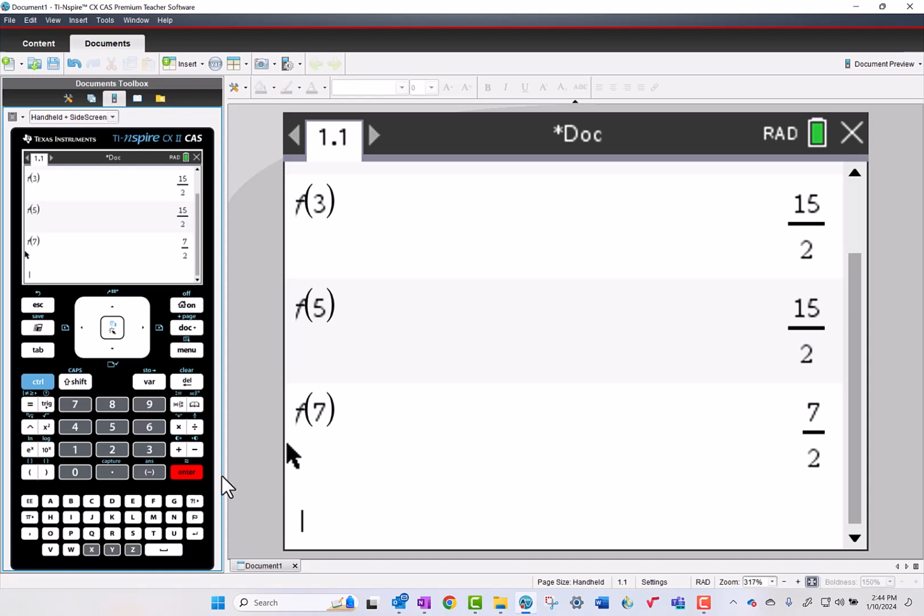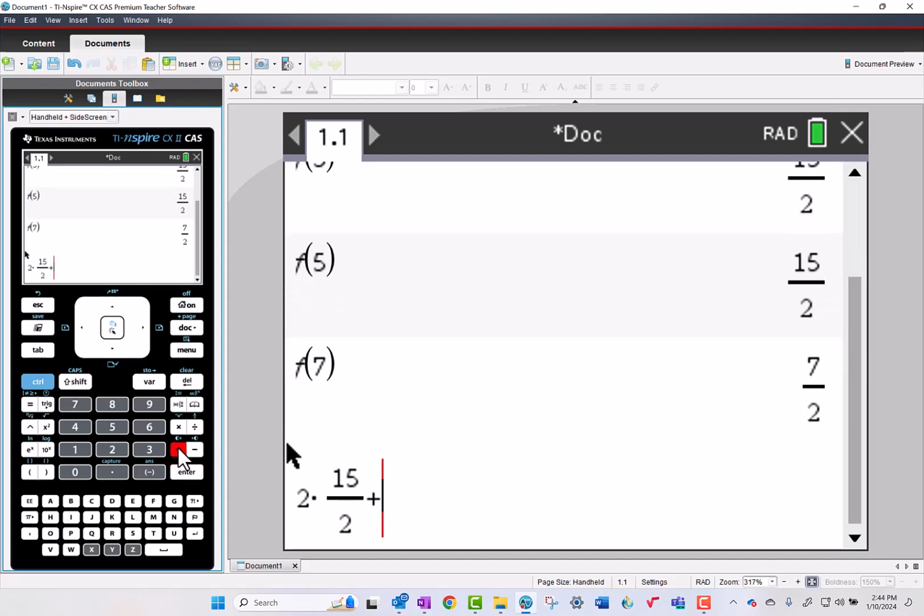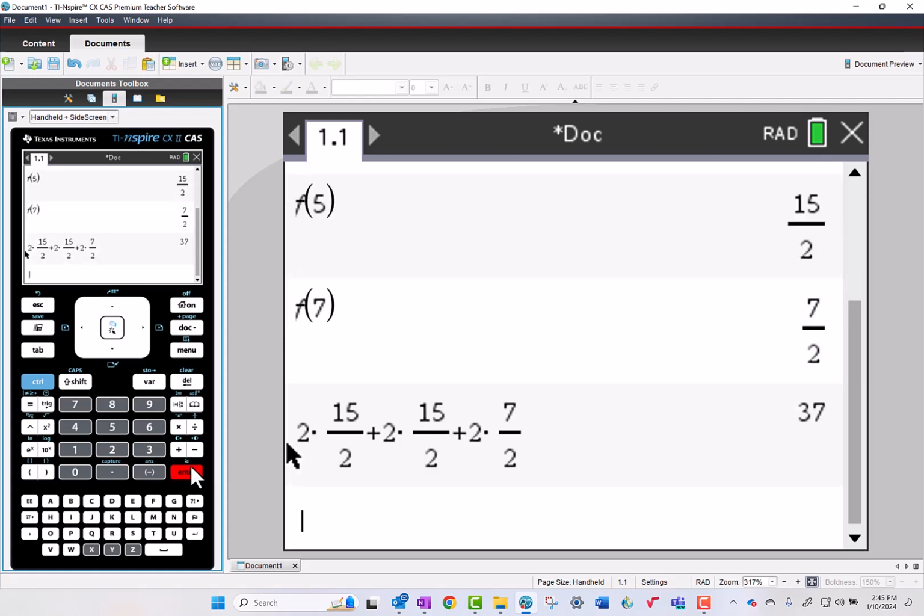So again, I'm going to let my calculator do the work. So 2 times, I'm going to pull that first one down, plus 2 times, I'm going to pull that second one down, plus 2 times, I'm going to pull that third one down, and that gives me my approximation.